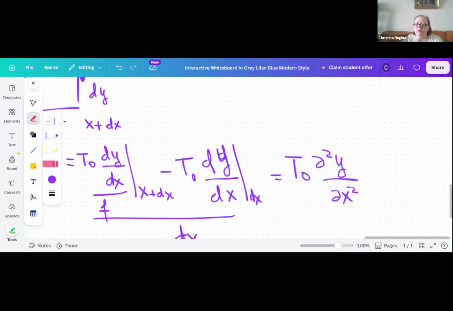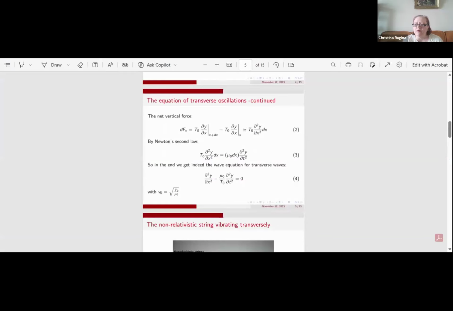Of course, dx is small, so that's a limit. dx goes to 0, which is actually f prime. And of course, T0 is a thing that gets derived, is dy to dx.